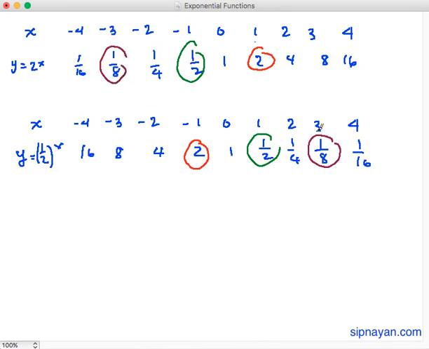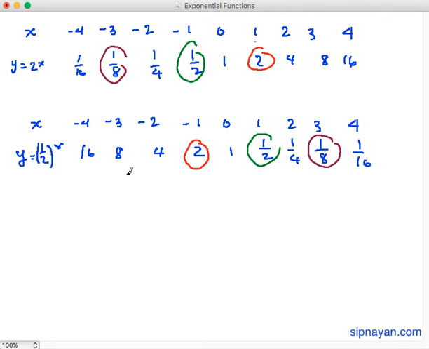Negative 3 and 3. So you can see it in all of them. If you choose the same y coordinate, you will have different x coordinates which are opposite of each other: one is positive and the other is negative.